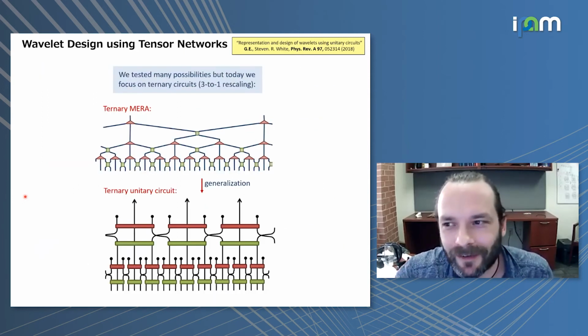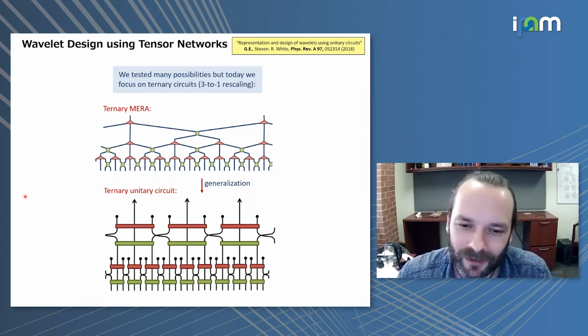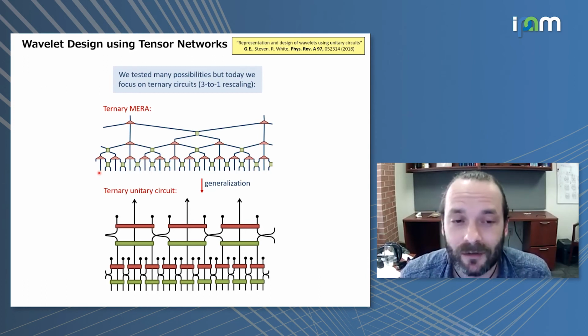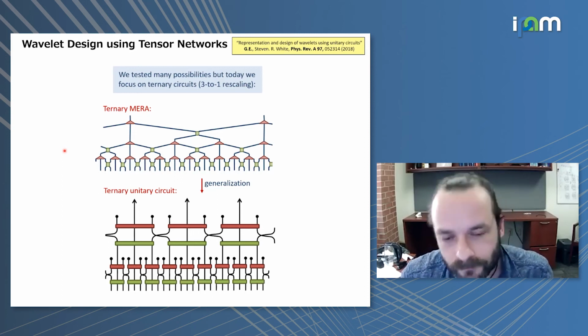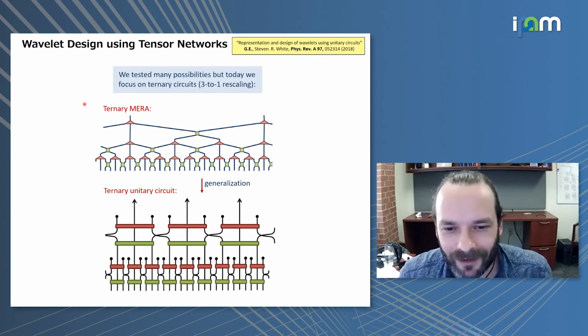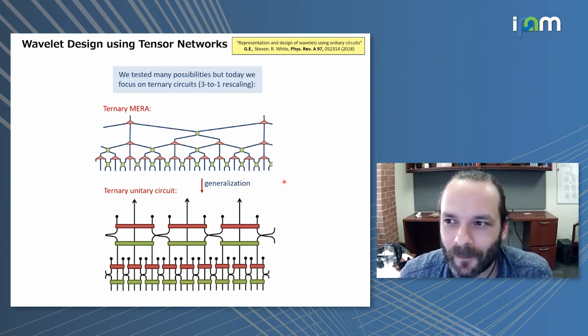Okay, in practice, we explored many options. What I'll talk about today is what we call a ternary unitary circuit. And this is actually a straightforward generalization of the ternary MERA. We call it ternary because it represents a 3-to-1 rescaling transformation. In terms of MERA for quantum systems, the ternary MERA is actually greatly preferred over the binary MERA because it has some nicer features.